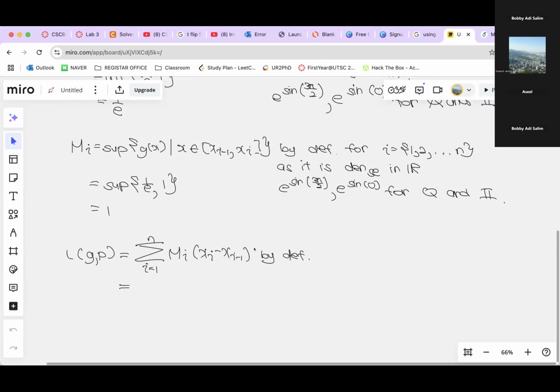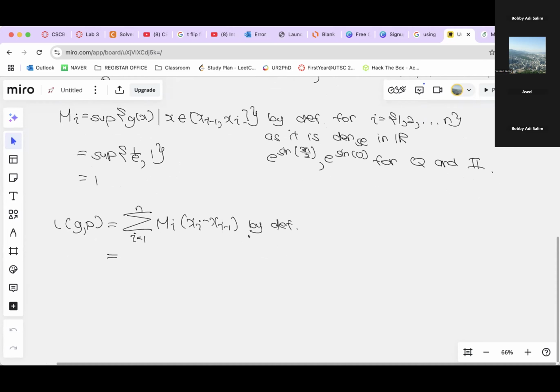I remember she deducted marks because we didn't write those things. So yeah, I suggest you place that. There's so much deduction of marks that can happen. So I suggest that you place everything down because you'll be safer that way. So in here, you place the mi, which is the value of 1. So 1, and then it'll be the summation, i equals 1 to n, xi minus xi minus 1.